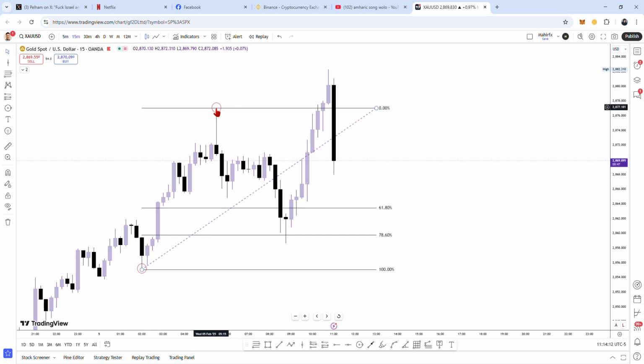Then I wait for the retracement to this golden zone, 61.8 or 0.618, which is for me a golden zone. If there is a confluence I want to enter, I will enter from here.